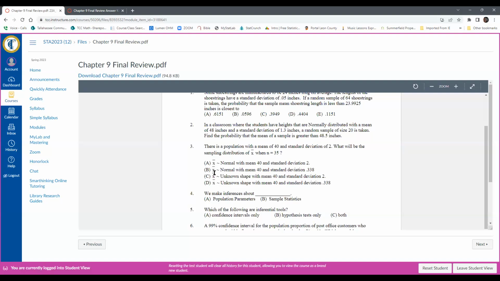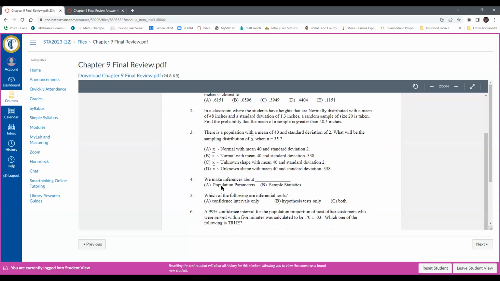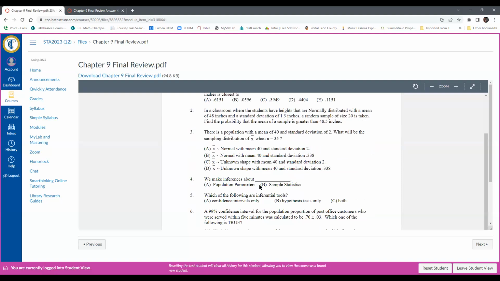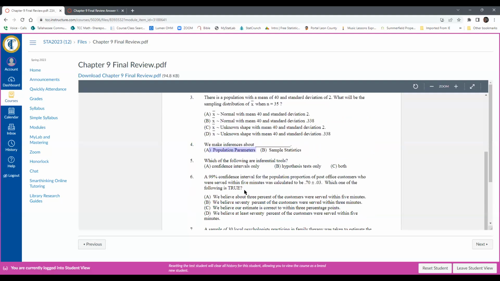As you can see, they're simple questions about normality. It's stuff we saw kind of like in the last exam we had. So whenever you make an inference, you make an inference about what? Do you make inference about a sample statistic, or about population parameters? That's a good question.